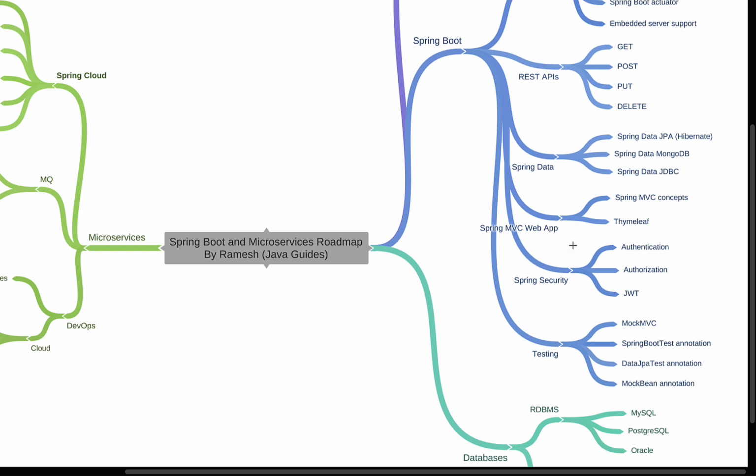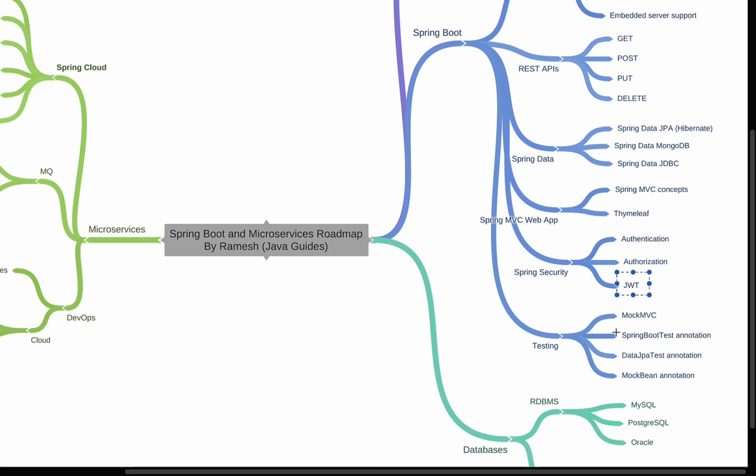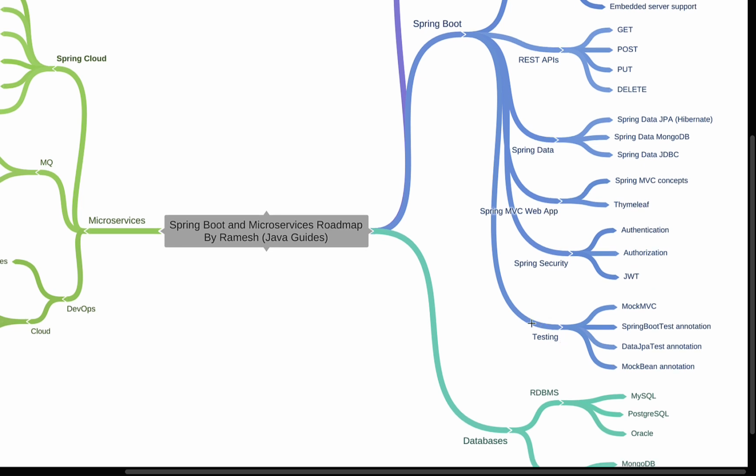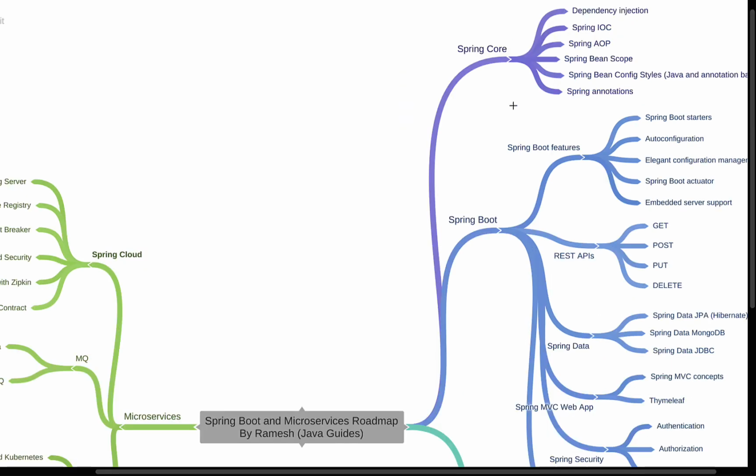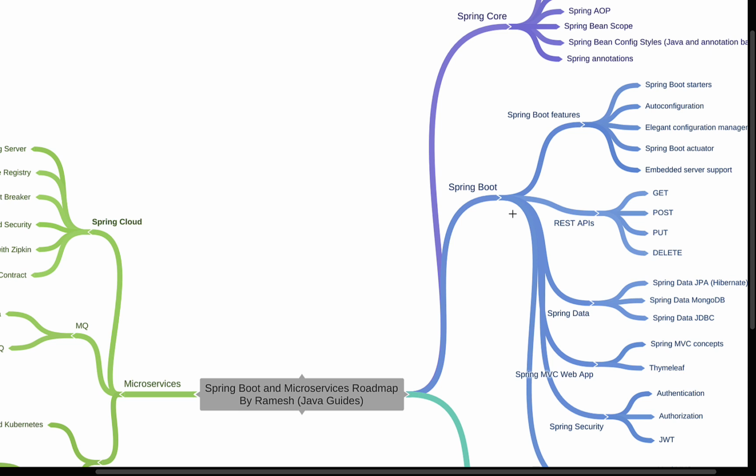And to secure the REST APIs using token-based authentication, you can use JWT. And in order to perform unit testing and integration testing of your Spring Boot application, go ahead and check out all these annotations. And yeah, as a Java programmer, you should have a basic understanding of databases as well. Once you learn Spring Boot, then you can go ahead and learn microservices.